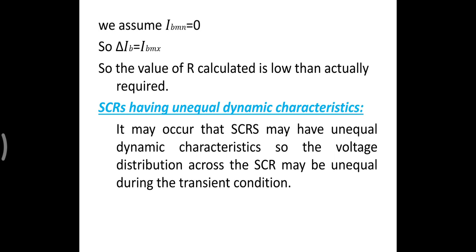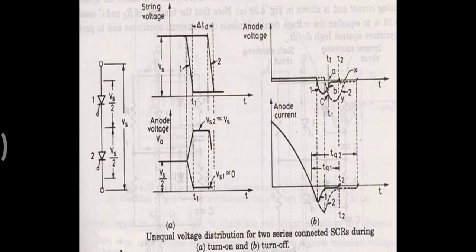So we have to consider VI characteristics and dynamic characteristics. While connected in series, VI characteristics can be adjusted by using a parallel resistor across the device. But how can we overcome the dynamic characteristics? Let us see how these dynamic characteristics arise.